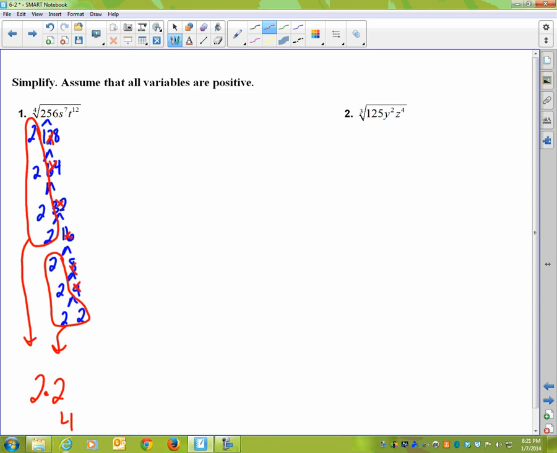S to the 7th, how many groups of 4 are there in S to the 7th? If it helps, you can write them out. There's 4, 5, 6, 7. So here's one group of 4 I'm going to pull out, leaving these 3 inside the radical.